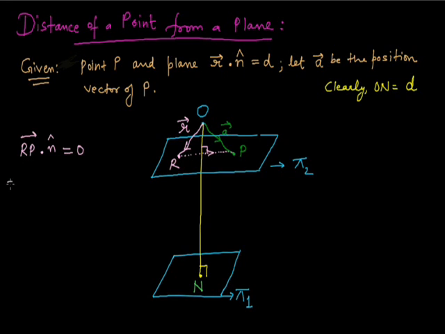So what is RP vector? RP vector is (r vector minus a vector) dot n cap equals 0. So you will get r vector dot n cap equals a vector dot n cap.